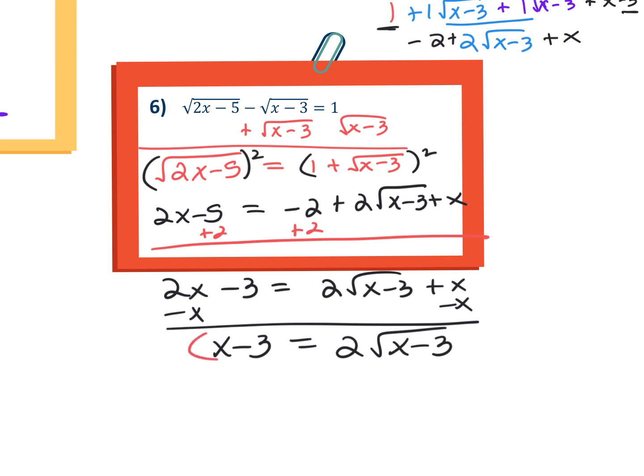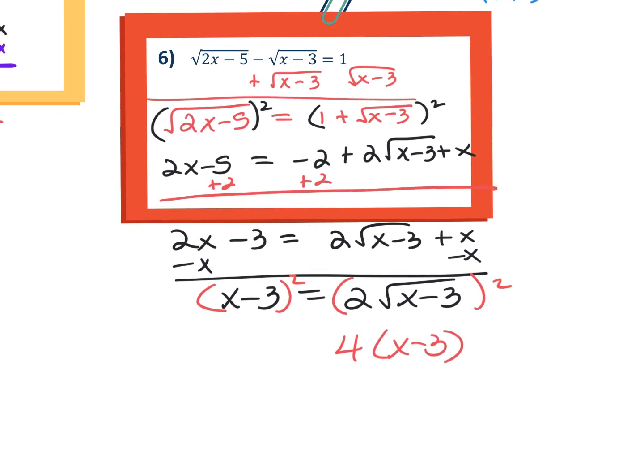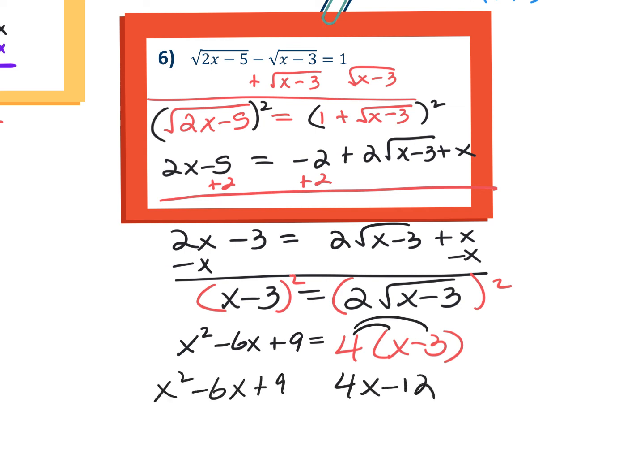I'm now going to square both sides. The right side becomes 4 times x minus 3. The radical disappears. However, I need to FOIL the left side. This will FOIL into x squared minus 6x plus 9. I'm going to distribute the 4. And then now I need to get it in standard form.